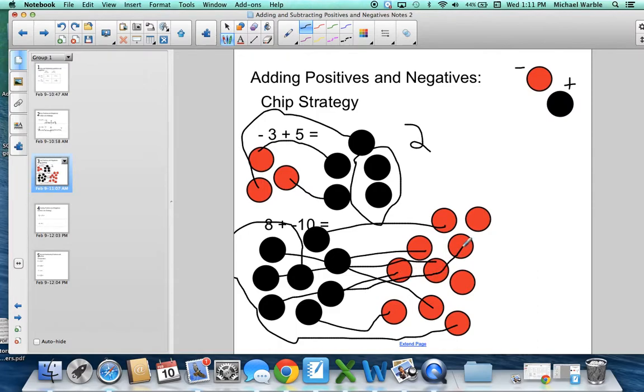He connects here. And it looks like I have 1, 2 red chips. So I have a value of negative 2 because my negative chips outnumbered my positive chips. So I know that on a number line I went beyond the 0 to the left of the 0 to negative 2.